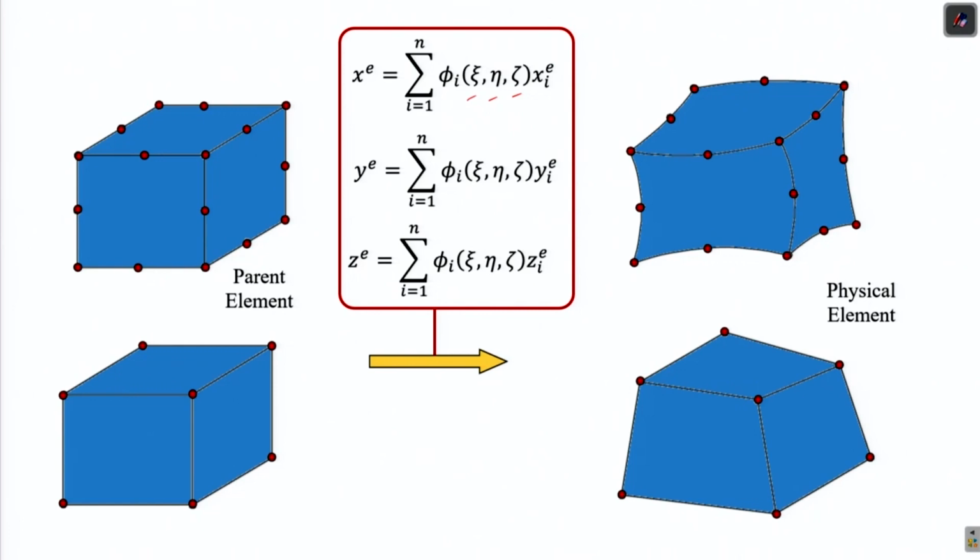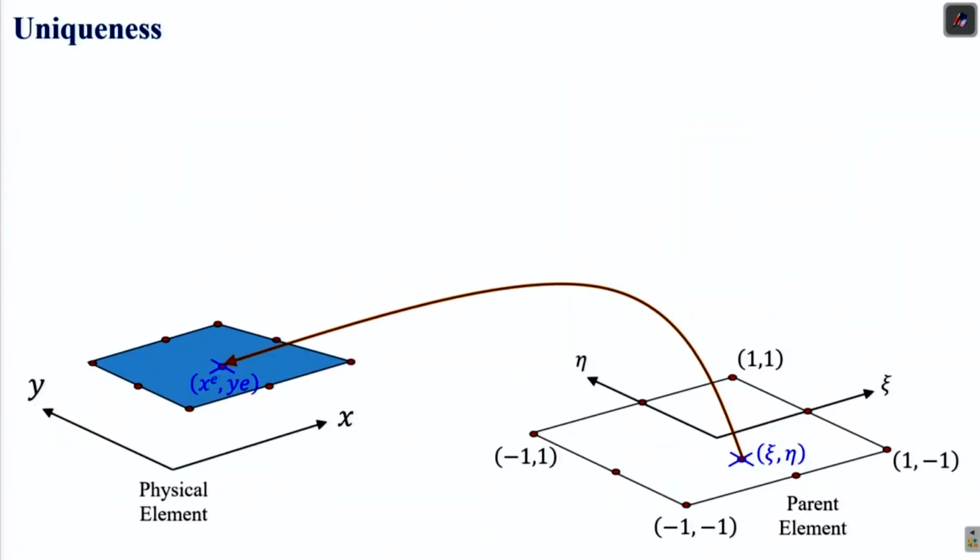Okay, so now we know how to construct the shape function over the parent element, and once we know the shape function, any point in the parent element, say xi, eta, can be mapped to the corresponding point in the physical element. Now the question is, it is very easy to say that we need to map it.